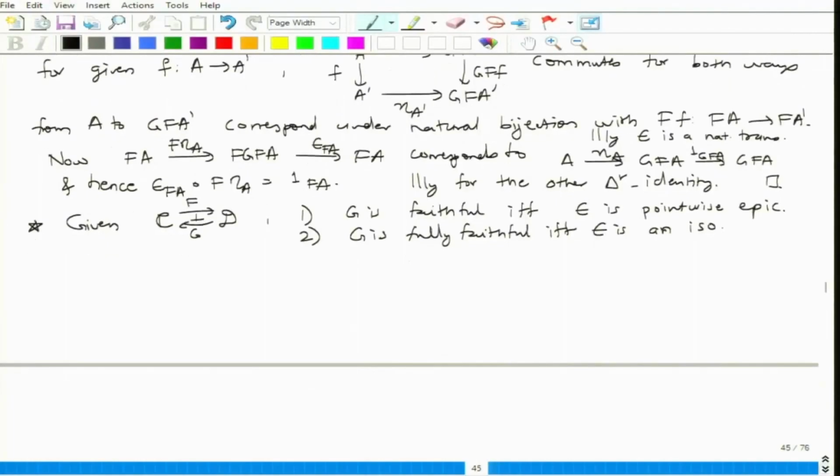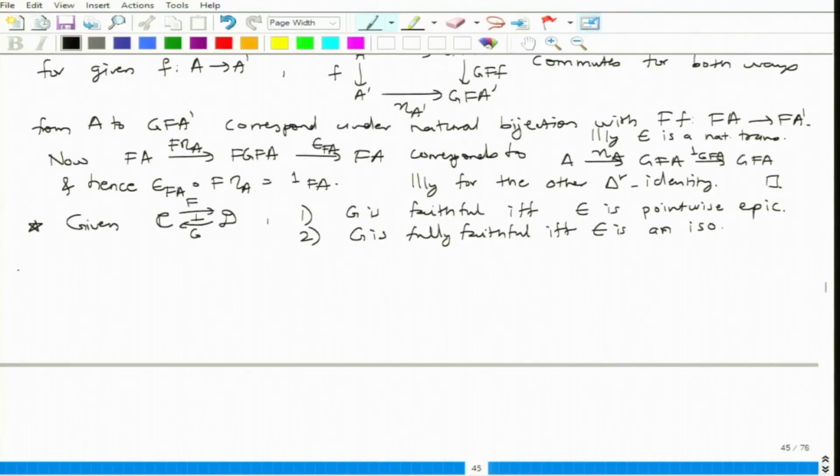What do you get? What is abelianization of A? Quotienting out by the commutator. It's an abelian group. So what is the commutator subgroup? 0. So it is A itself. So therefore, A is isomorphic to the abelianization of IA. So that is indeed an isomorphism. Pointwise isomorphism is an isomorphism. And that's the same thing that happens with each reflection. Okay, so G is fully faithful if and only if epsilon is an isomorphism.